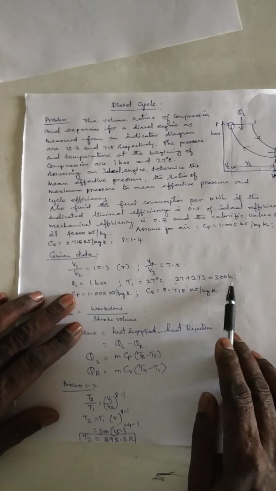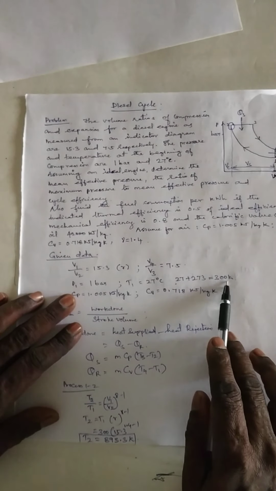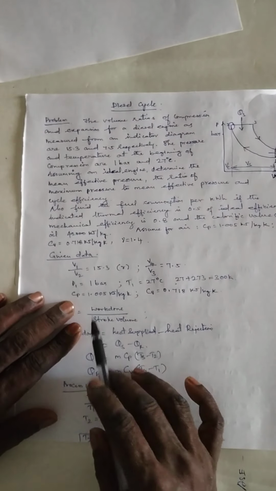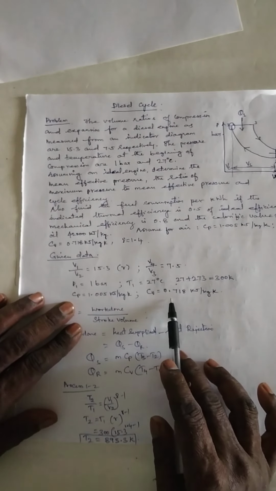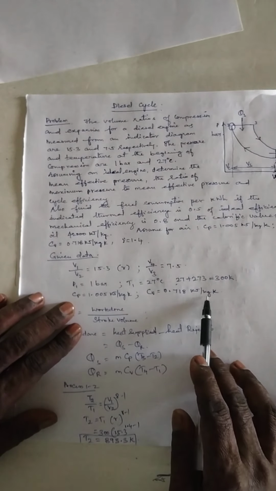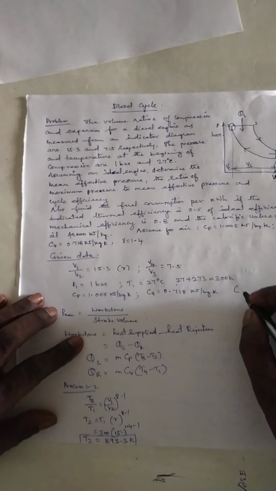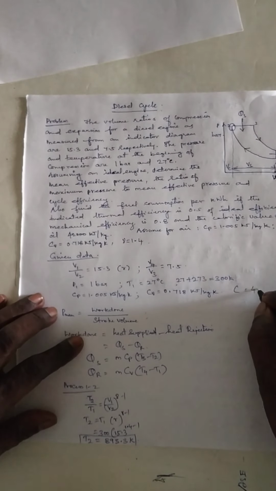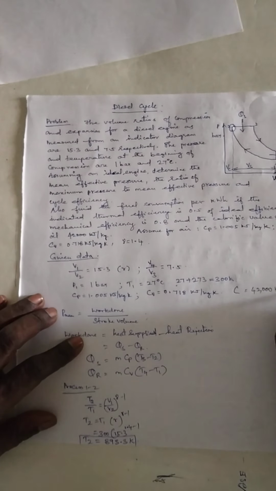If you convert it into Kelvin, it is 27 plus 273, that is 300 Kelvin. Then Cp is 1.005 kilojoules per kg Kelvin, Cv is 0.718 kilojoules per kg Kelvin, and the calorific value C is equal to 42,000 kilojoules per kg.